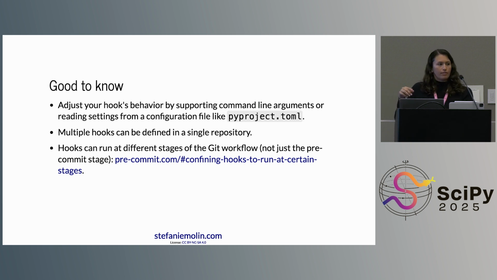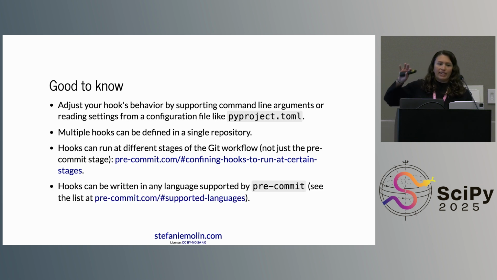And if you wanted to play around with moving yours to a different stage, you can visit that link. Common other stages are pre-push and also commit-msg, to verify, like if you have style requirements on how the commit messages should be formed, you can do that as well. And again, they support any language that is listed over there, with the caveat that it has to be on the machine already. It's not going to go and install Go for you.